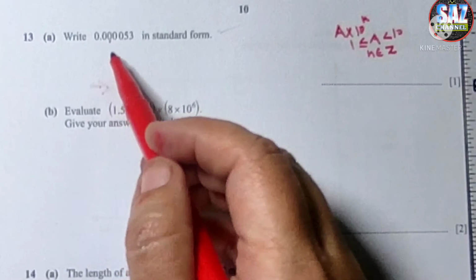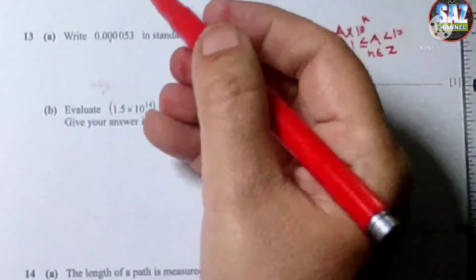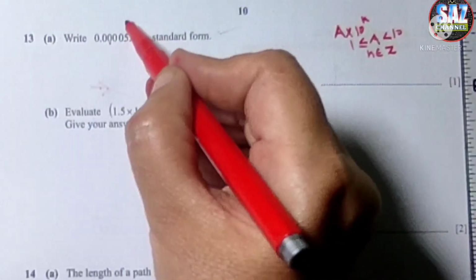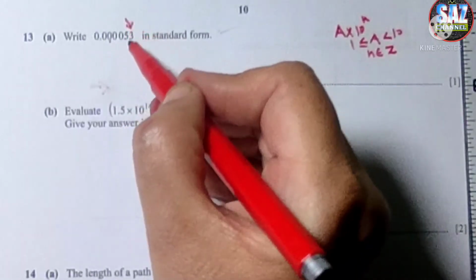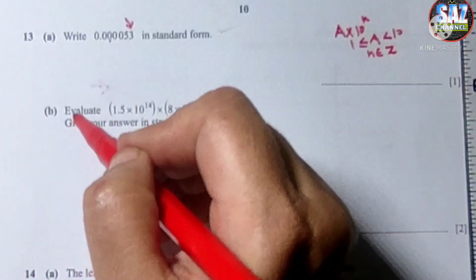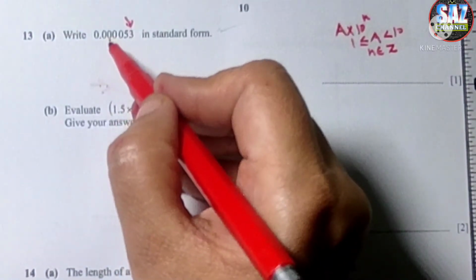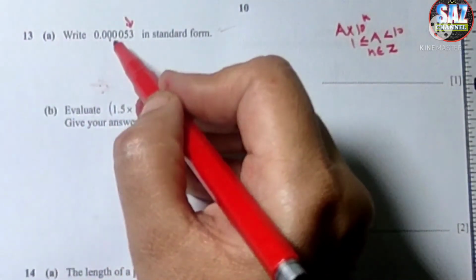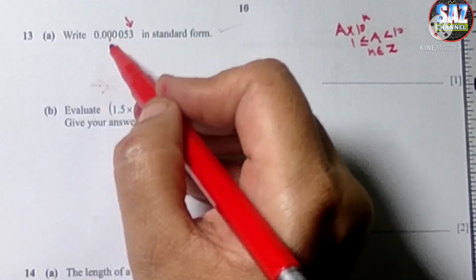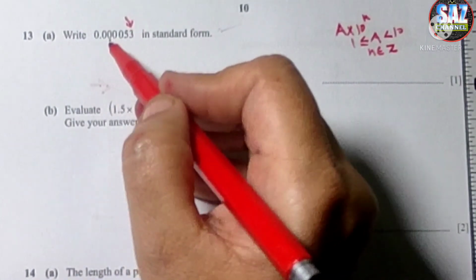So in order to bring the number in the range, we have to insert the decimal after 5 or between 5 and 3. Now look, how many moves? 1, 2, 3, 4 and 5 moves. 5 moves towards the right hand side I'm taking.